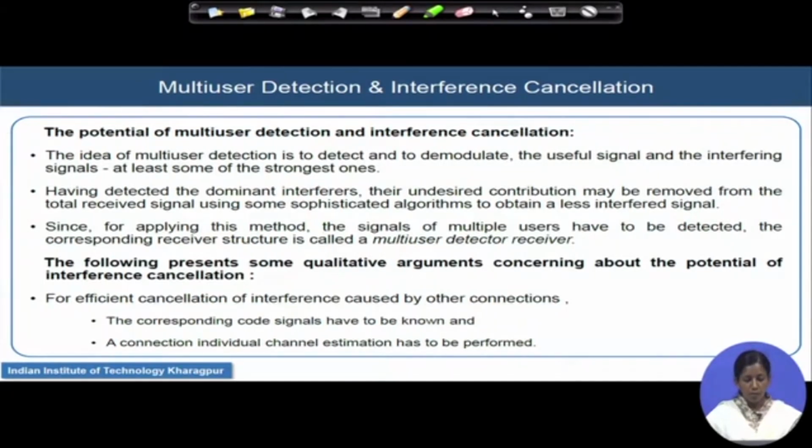And so the whole process involves 2 things. One is you detect the dominant interferers and their undesired contributions, and then you subtract them from the total signal you are receiving and lower the interference. So detection is there, and then the cancellation of that interference from the combined received signal.